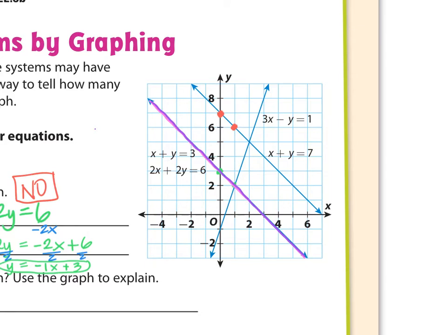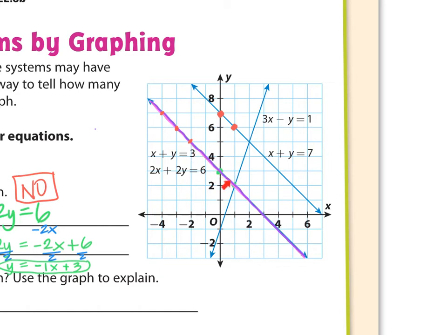So what does this mean? If I were to ask you, where do these two lines intersect? Where do they touch? Well, they actually intersect everywhere. They intersect there, all these red points. Well, actually, I'll just use my cursor here. They intersect there, right?